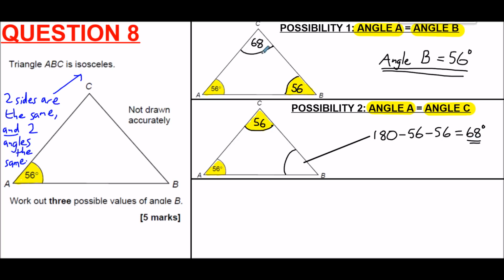Basically the same as the first possibility, but the 68 and the 56 have swapped over. So possibility 2 is that angle B is 68 degrees.